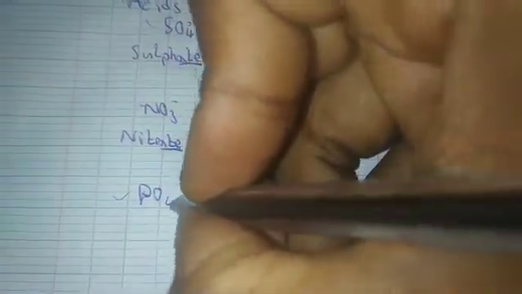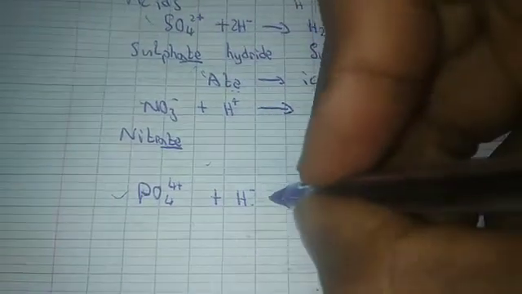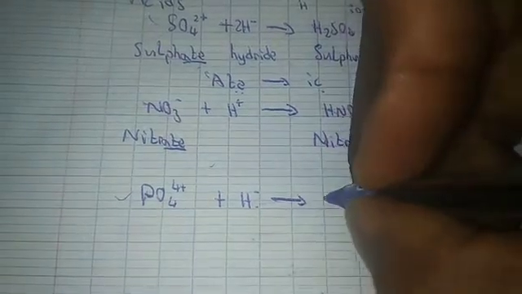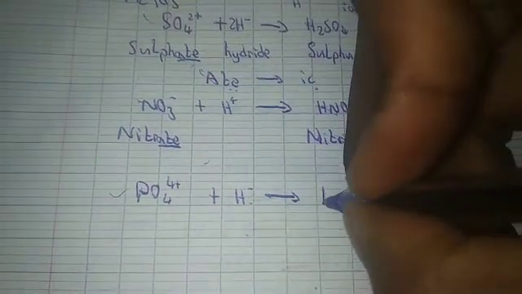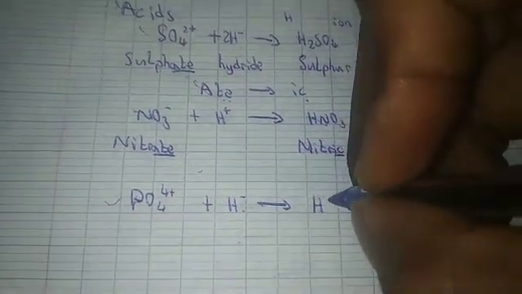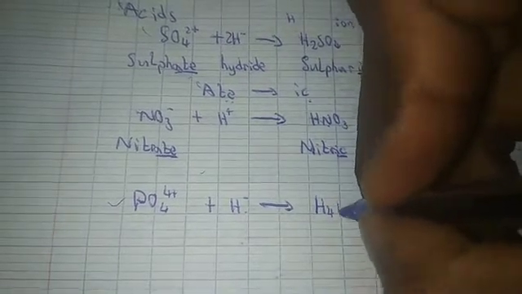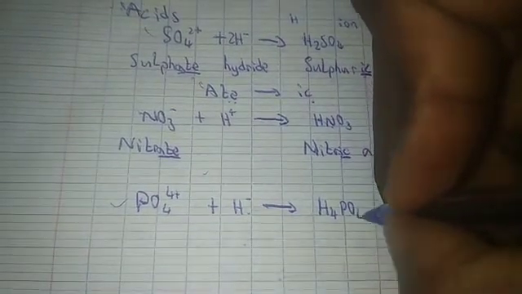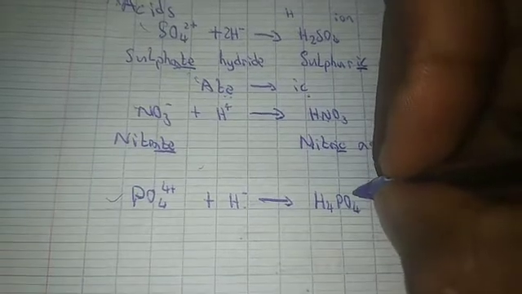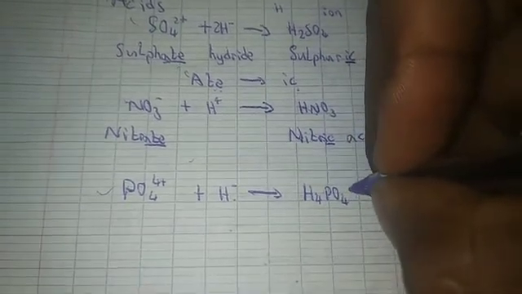Let's take another one. Phosphate is PO4 with a charge, plus hydrogen, giving us H3PO4.